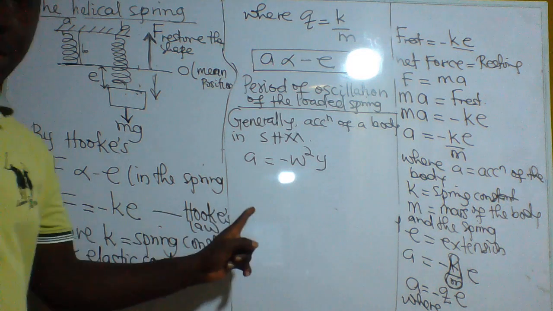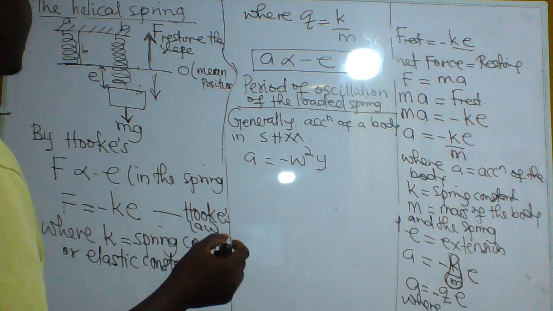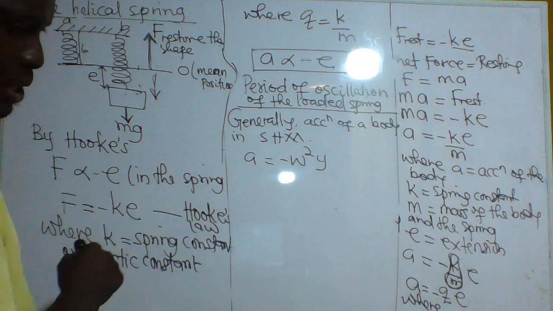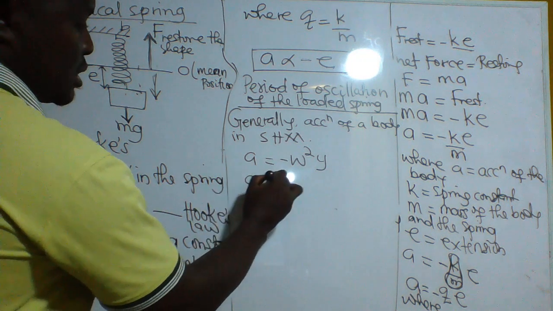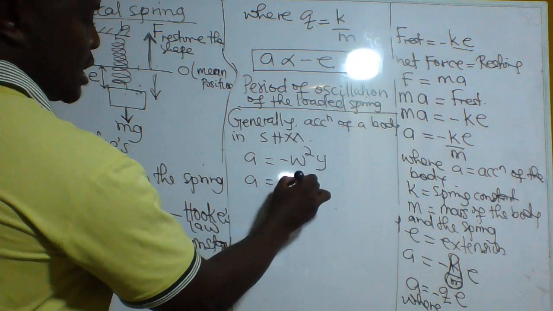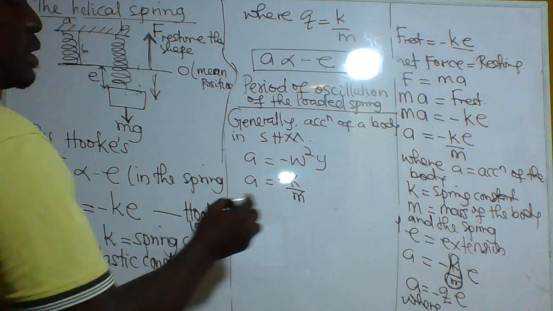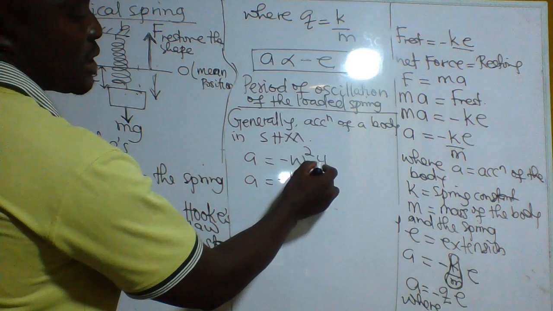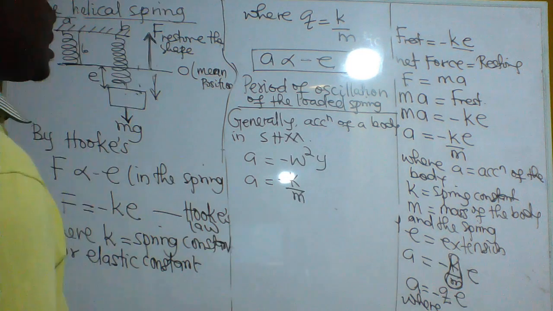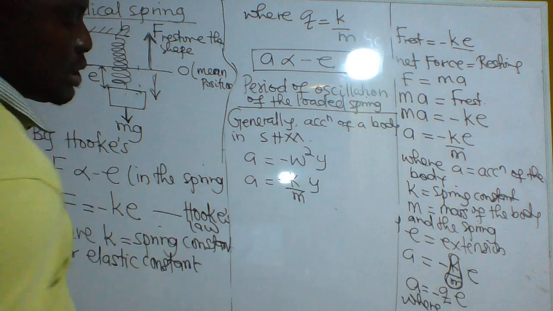And we just saw that the acceleration of a body of a loaded spring or the weighted spring is given by a is equal to minus k over m. Okay, and here, because we made the extension or the displacement as y instead of extension e, let's have it as y so that we can equate the two.